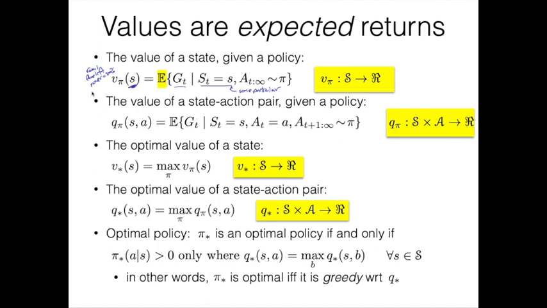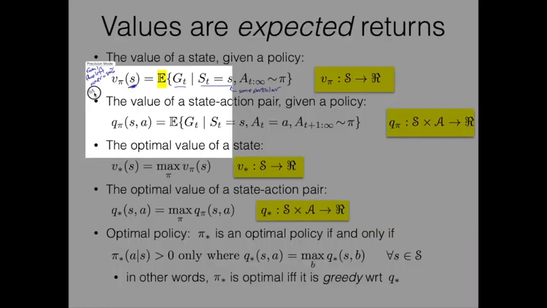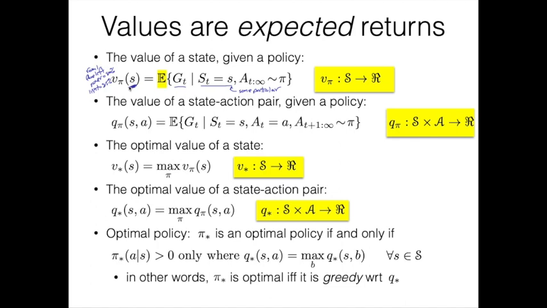It could be even the sensors, ambient light level is 85%. It's bright. Things like that. This is in the state. So what's expected return? How much do you expect to get in the long run for being in this state and then following the policy? So what does our notation here mean?